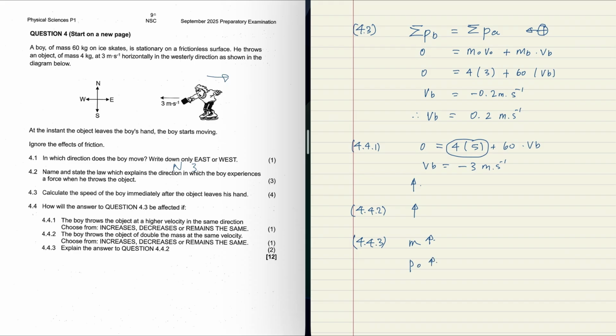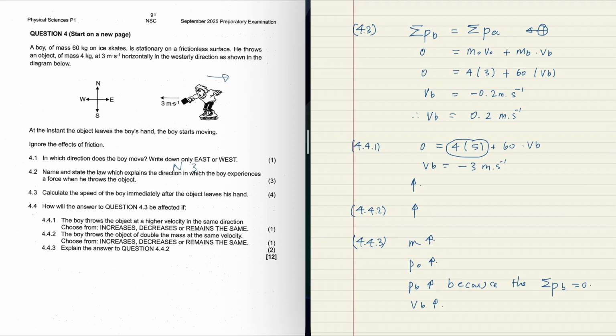And that's going to also increase the momentum of the boy, because the momentum before is equal to 0. And that's going to cause the velocity of the boy to also increase.